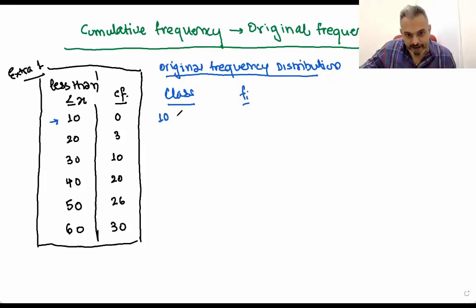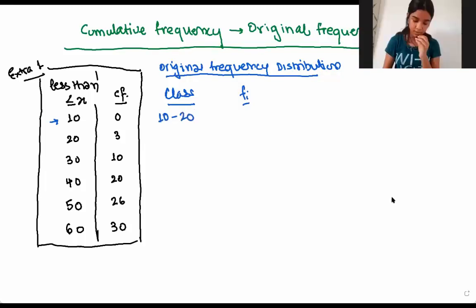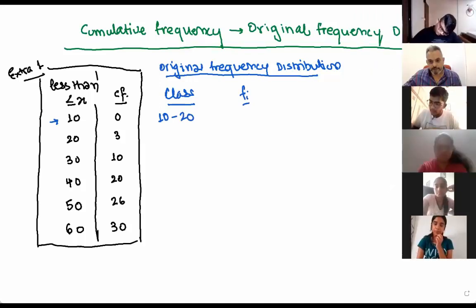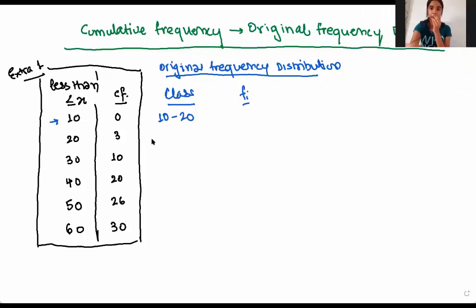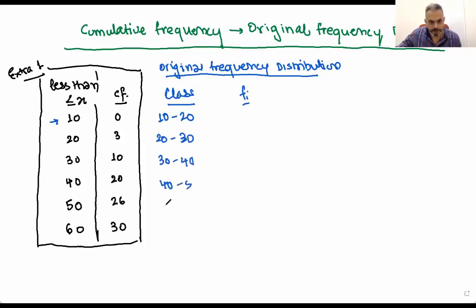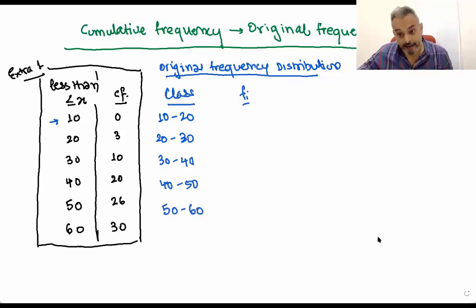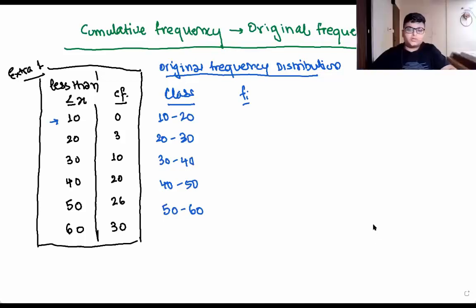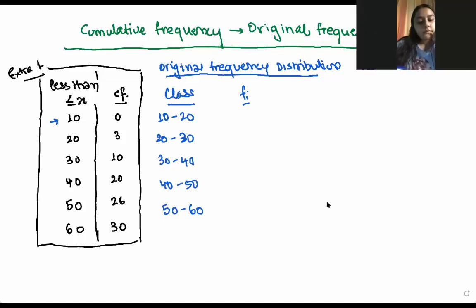The first class will be 10 to 20. Next class, obviously 20 to 30, 30 to 40, 40 to 50 and 50 to 60. Agree with me? Will 60 to 70 come? No, sir. No, 60 to 70 will not come.